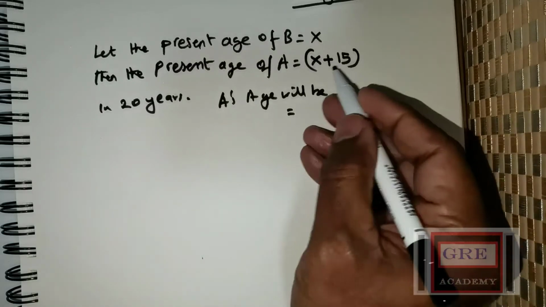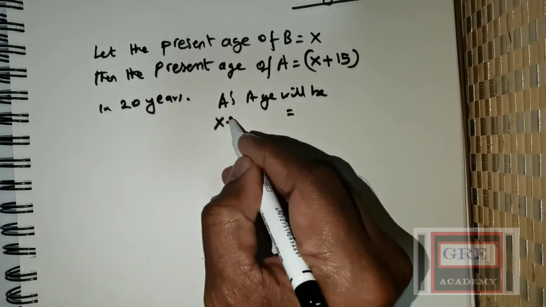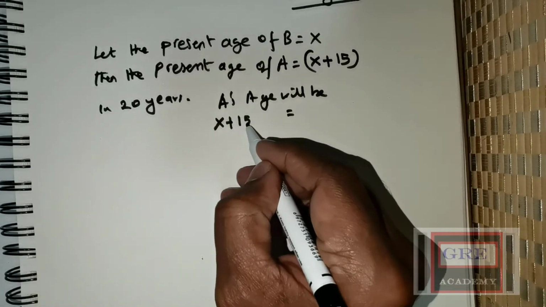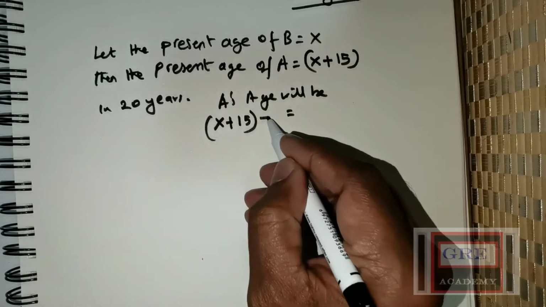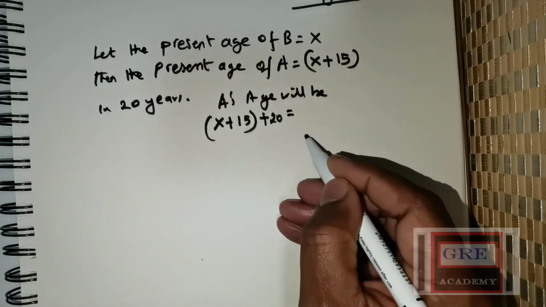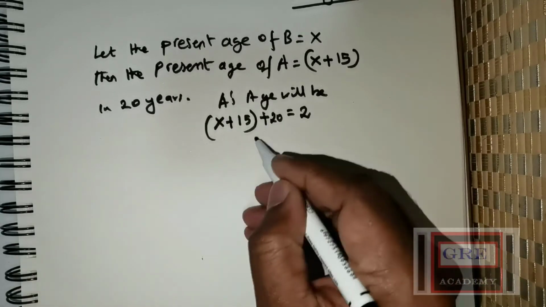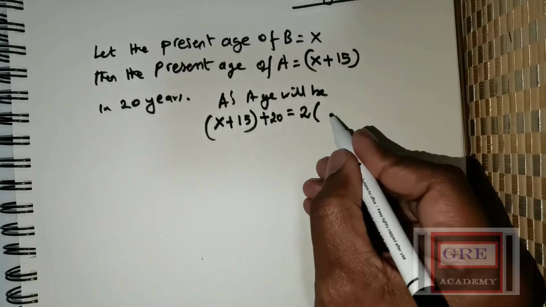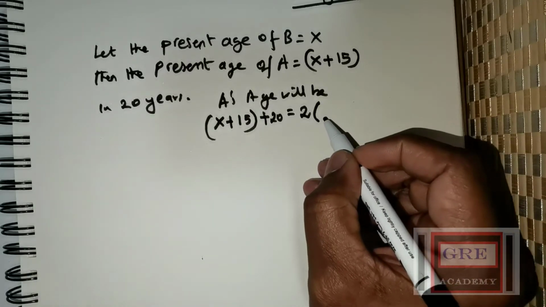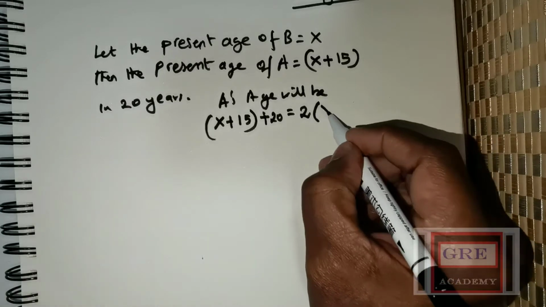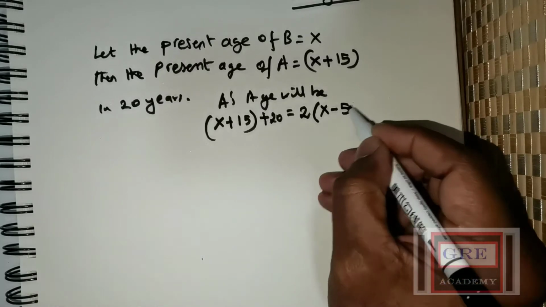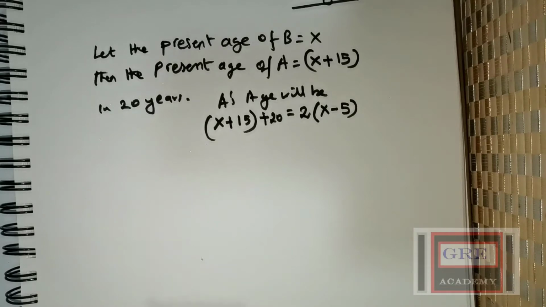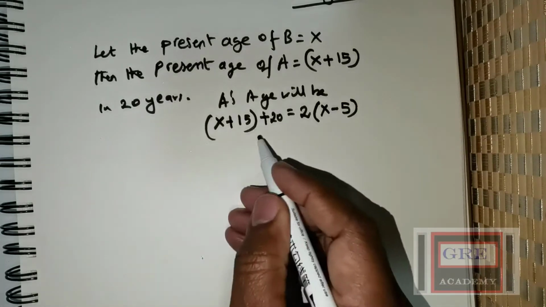So this equation would be written as follows. x plus 15 in 20 years time, and that should be equated with twice the age of B 5 years ago. So that's going to be x minus 5. So this should be the equation that we would use. So we will be using this equation to solve.